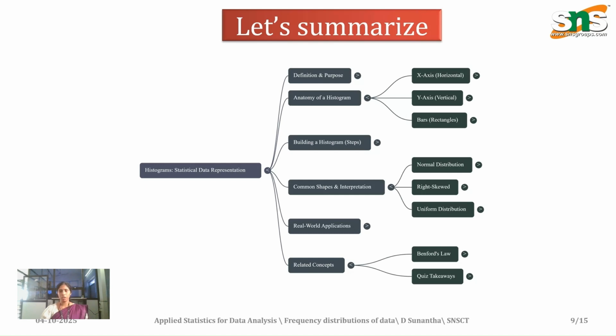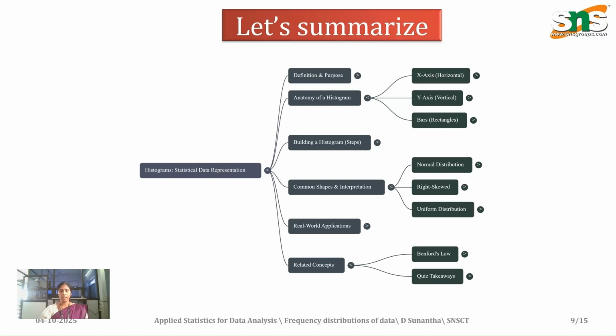Next, building a histogram, we have seen the steps to identify things and plot as such. Next, the common shapes and interpretation: there are mostly normal, right skewed, and uniform distributions. Next are the real world applications. We have seen medicine, education, economics, and so on.